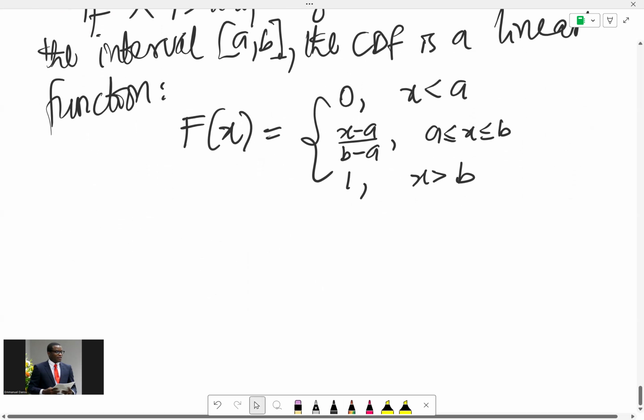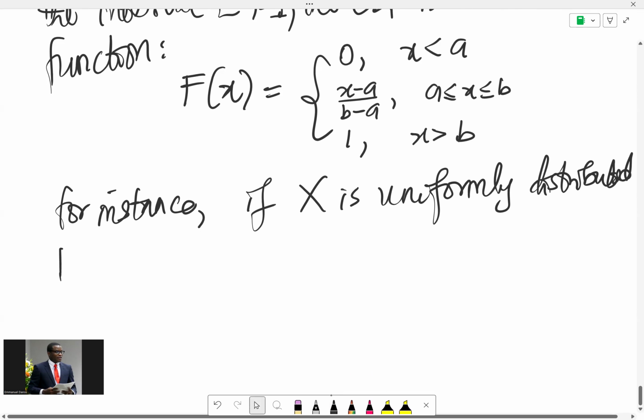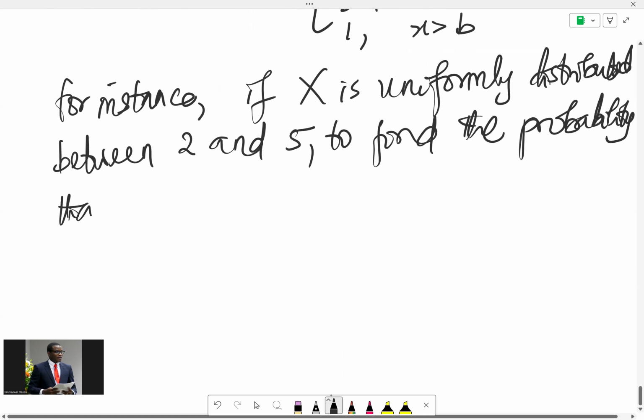Okay, so for instance, if X is uniformly distributed between 2 and 5, let's find the probability that the random variable X is less than or equal to 4.